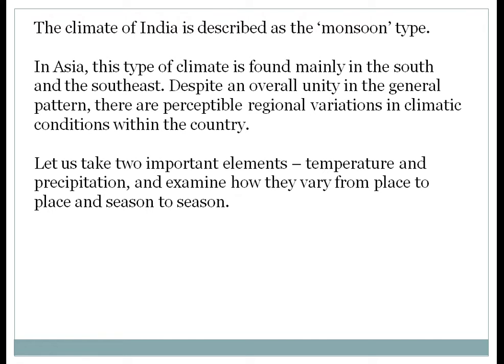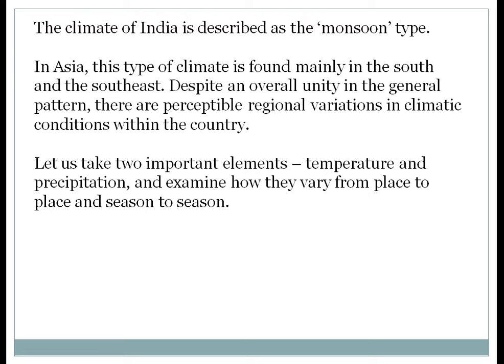Next, the climate of India is described as the monsoon type. So what type of climate does India have? Your answer is monsoon type. In Asia, this type of climate is found mainly in the south and southeast.